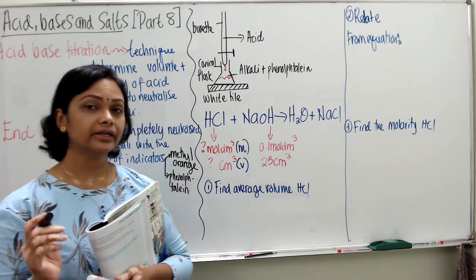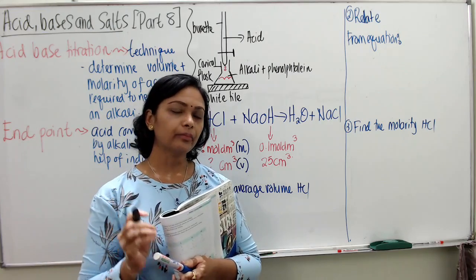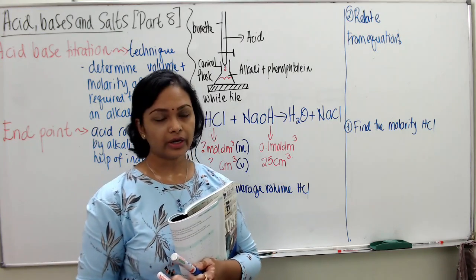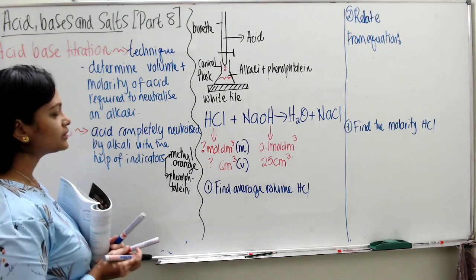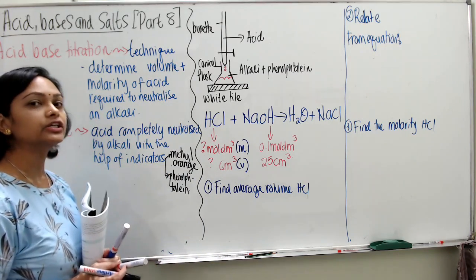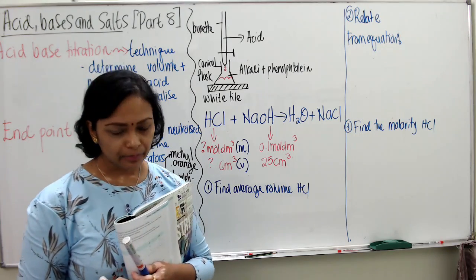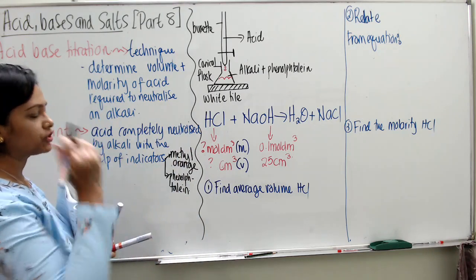Because their color indication during the endpoint process is very, very significant. That is the reason why methyl orange and phenolphthalein are used, especially to determine endpoint for titration method.